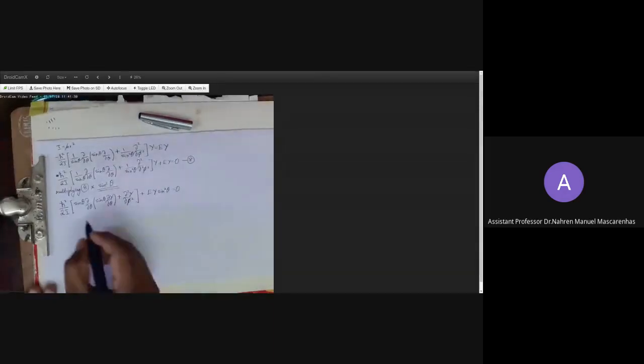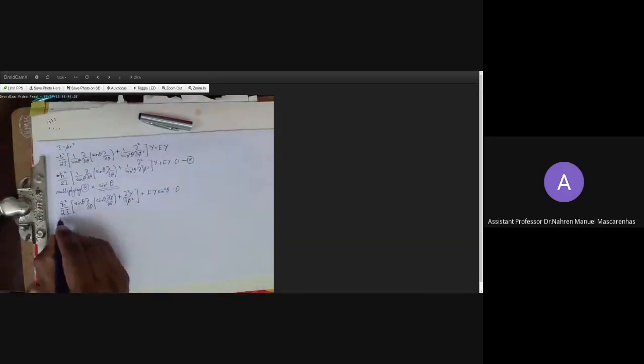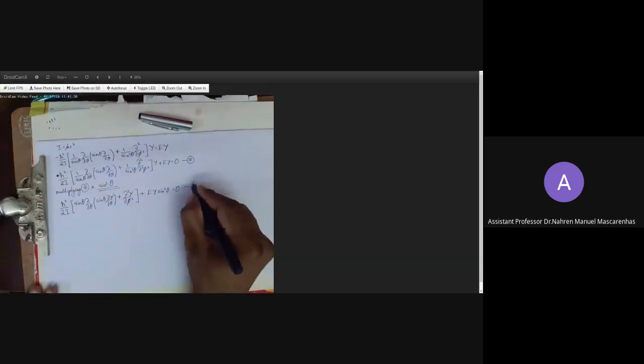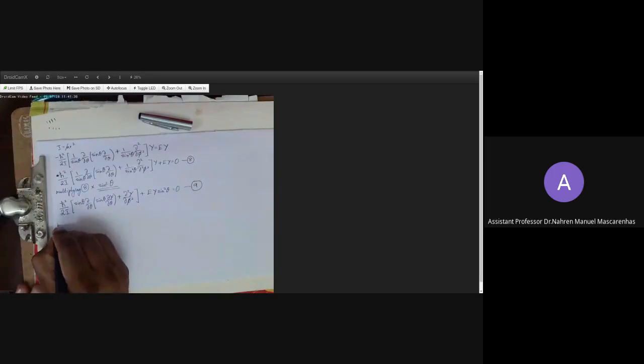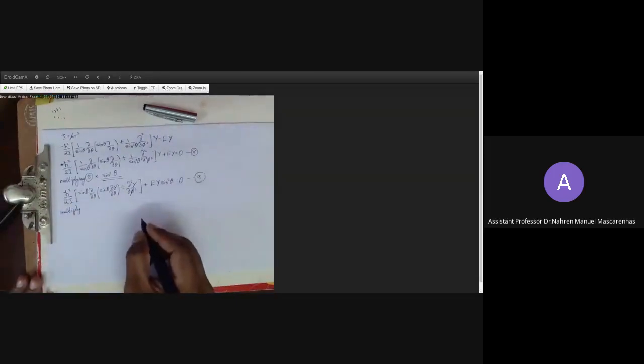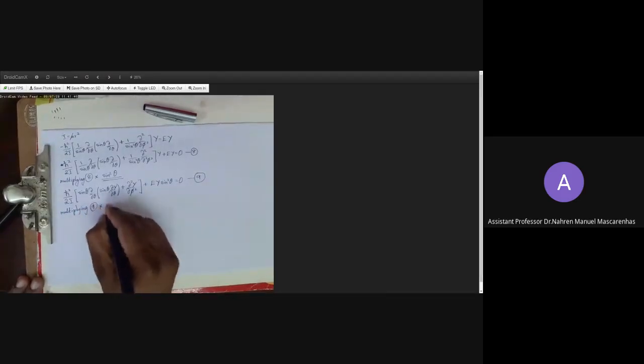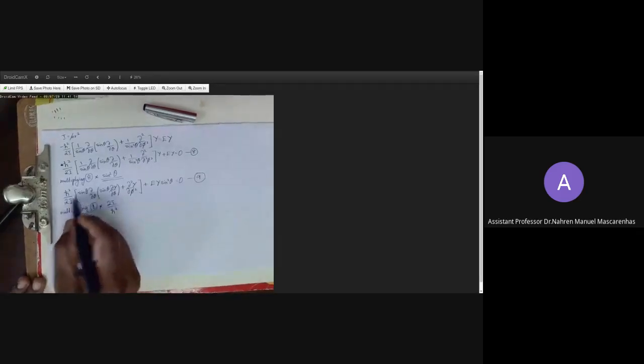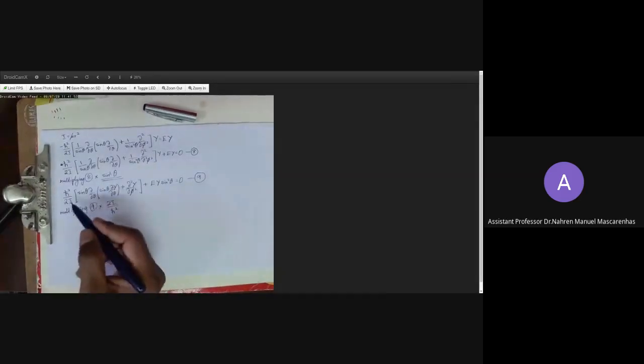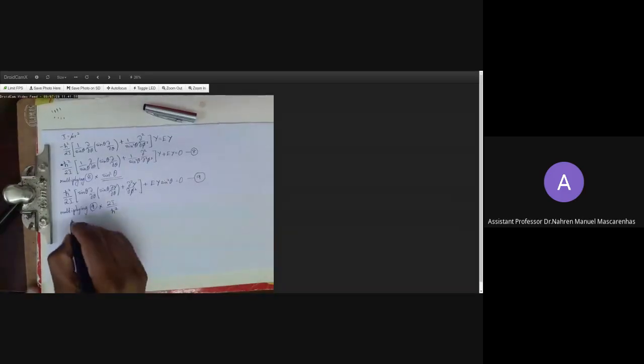Now I want to remove this term. So what I am going to do is, I am going to multiply equation 9 with 2i by h cross square. If you want to remove this, you have to invert it and multiply, right? So that is what I am going to do. So what will be the answer?